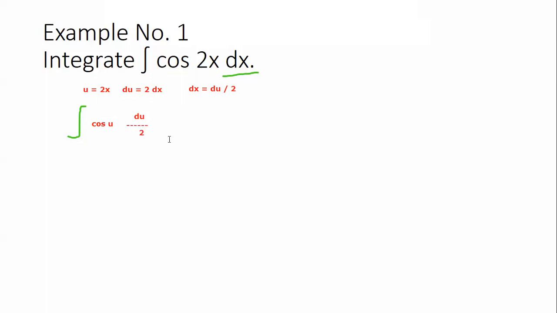We have 1/2 here, so we move the constant 1/2 to the outside of the integral sign.